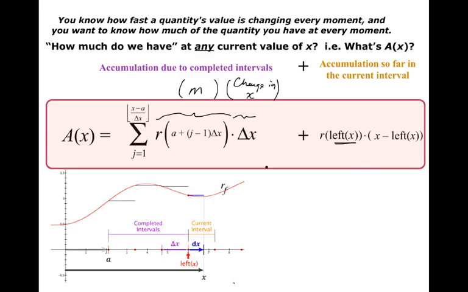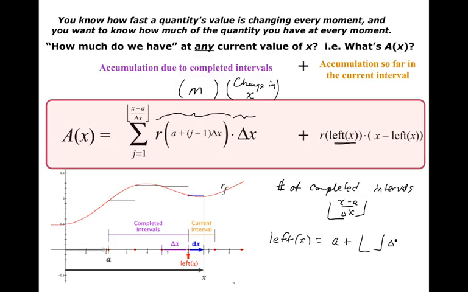Okay, one more reminder. Number of completed intervals. That's the floor function. You should know how we derive that. We know what that means. Left of x is a plus that thing, number of completed intervals, times delta x.